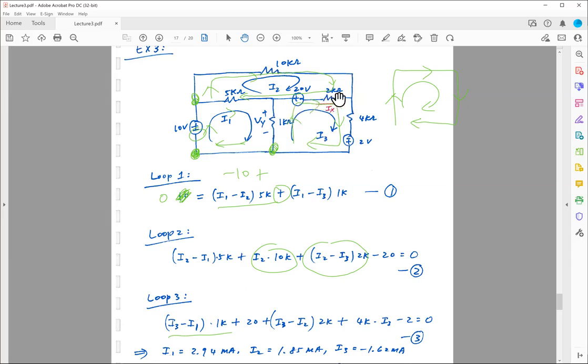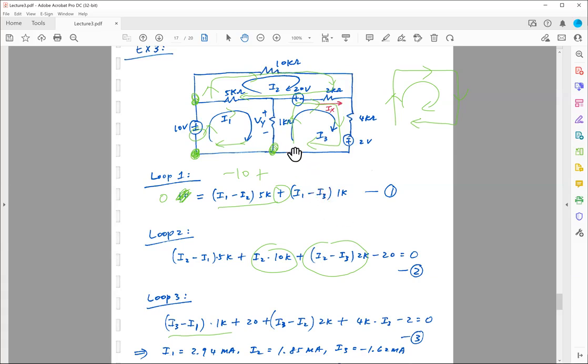By the time current goes downward, this 4K only sees I3. So I3 flows down through this 4K ohm resistor. So 4K times I3. Simple. Plus negative 2. Negative because I see the negative terminal of this voltage source first. Minus 2, sum everything up to 0.